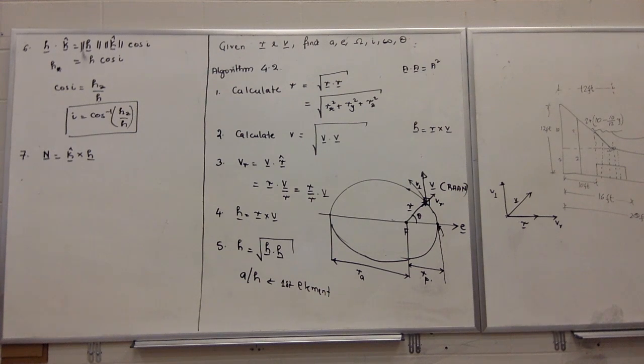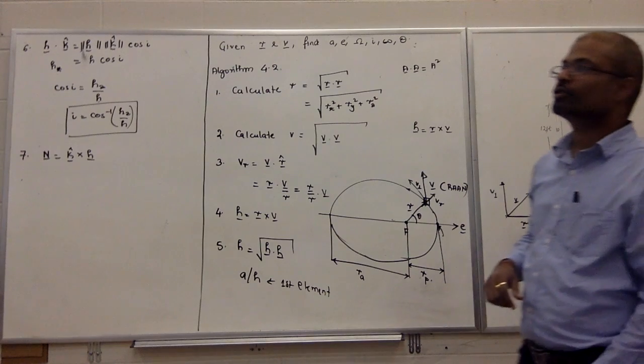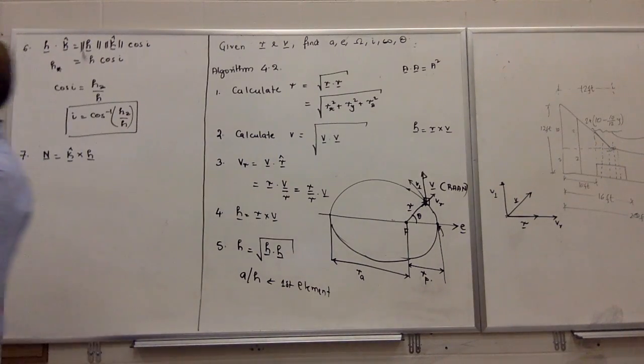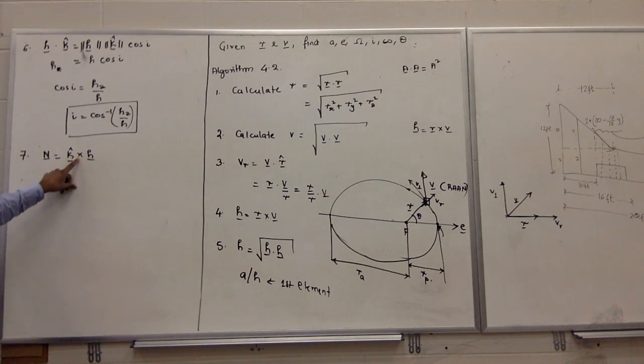Got it? The equatorial plane is this, right? And the orbital plane is this. Wherever those two intersect, that is the N line, and that has to be this. So what node is this? Ascending node.